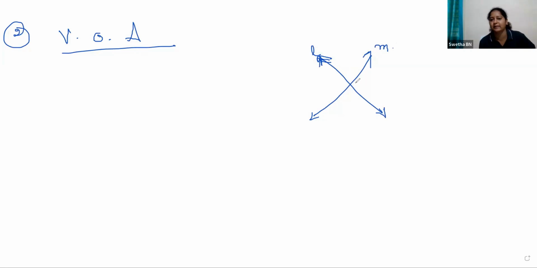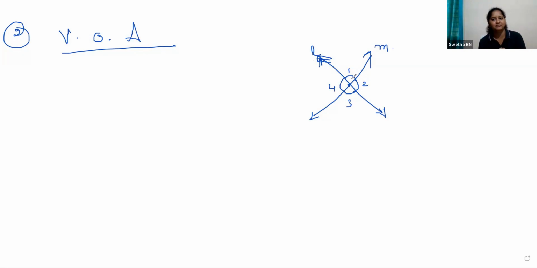This is line L and this is M. When two lines intersect, meet at a point, how many angles are forming here? Four angles. This is 1, 2, 3, and 4.